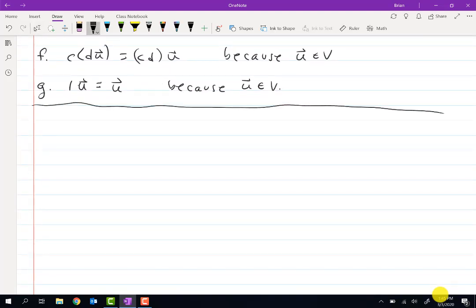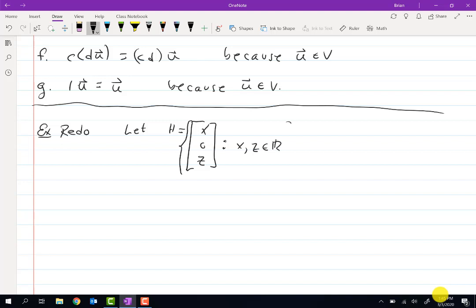What I would like to do is redo the problem we had before. So we're going to let H equal, this is a set, x0z such that x and z are in R. We want to let H equal that.